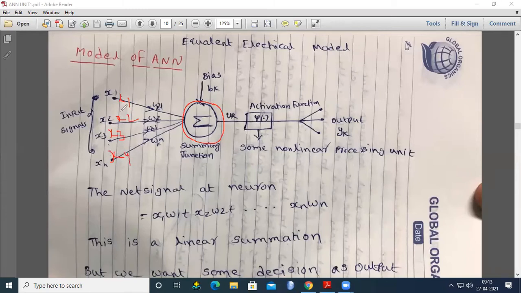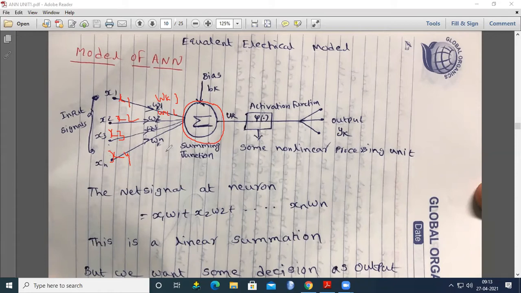Now for these input signals, there are weights. Weights are indicated with W: Wk1, Wk2, similarly Wkn.